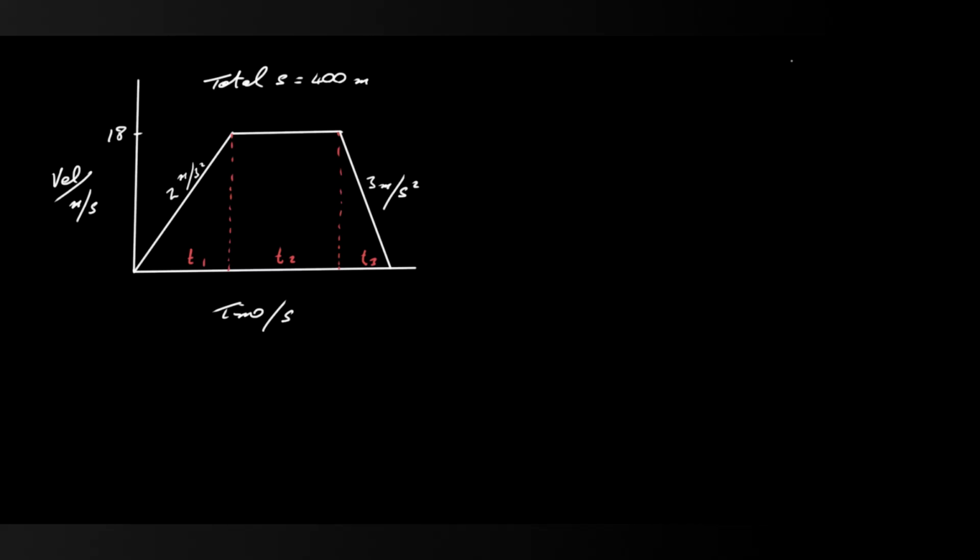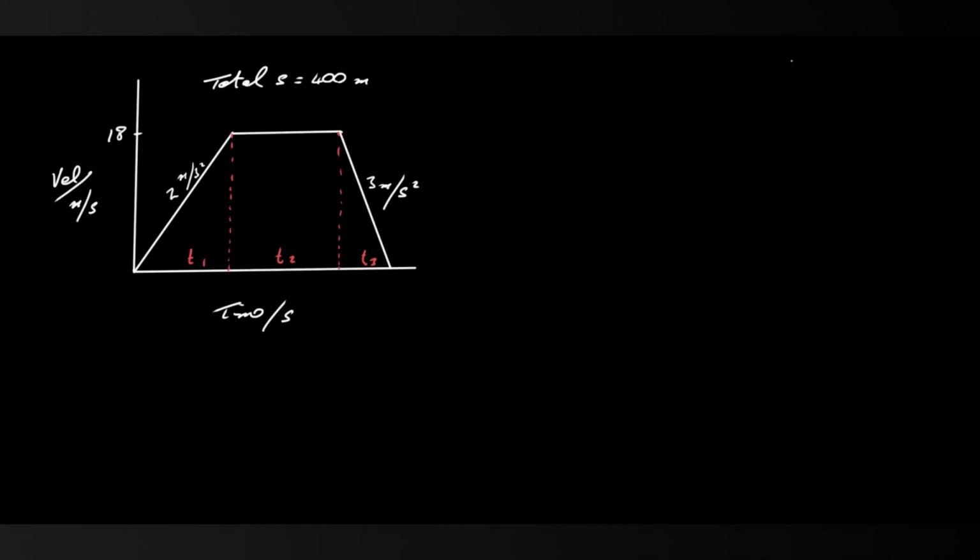So let's have a look at how we're going to work this. We've got to work out the time it will take to travel a distance of 400 meters from rest to rest. The way we're going to do this is we're going to look at this equation here, v is equal to u plus at, or we can just simply look at the acceleration and deceleration lines here, this one and this one here. The slope of this line is 2, the slope of this line here is 3, or minus 3 in fact. But what we can do to find this 2 here is just get the tan of this angle, or the rise over run, or opposite over adjacent.